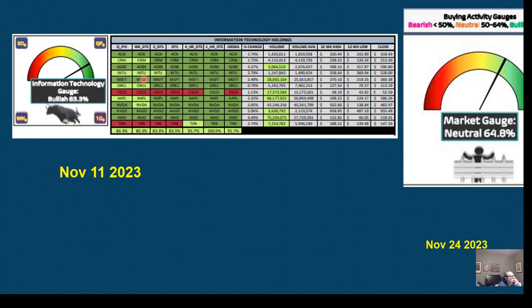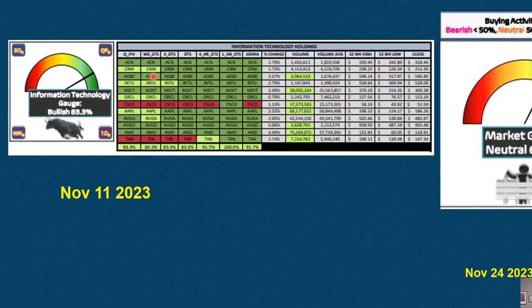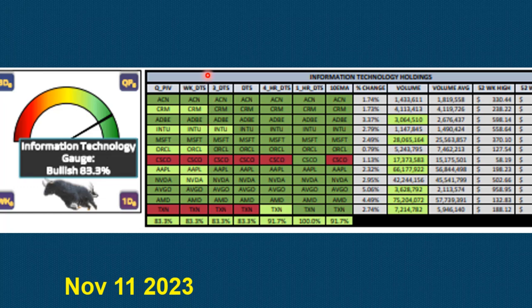Jerry created these formats. So this is the information technology sector, XLK. These are basically the top 10 components as of this point in time, and the majority were positive.